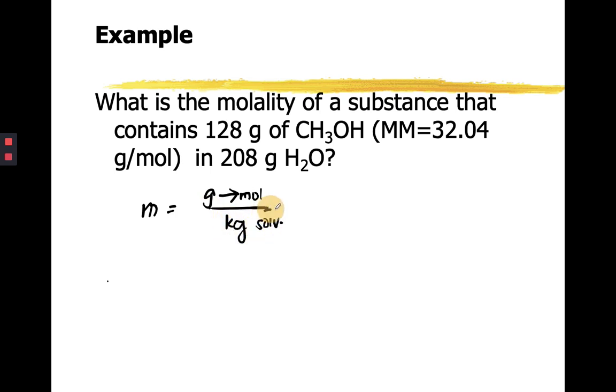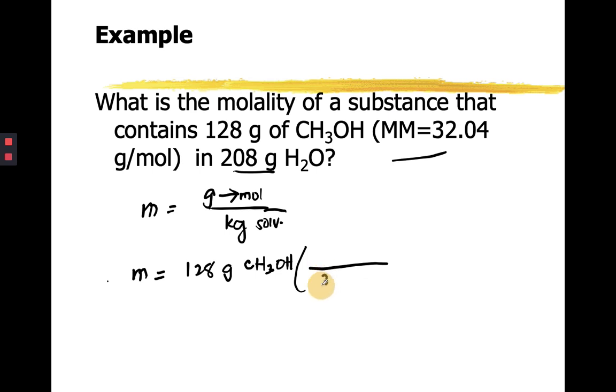So the first thing that we have to do is to identify which one is our solute and which is our solvent. Since we see that water is present at a greater amount, then we can say that water is our solvent. Okay, and our solute has to be converted into the number of moles. So we can write this way: m is equal to 128 grams of methanol, CH3OH. Then we need to cancel grams, so we can use the molar mass.